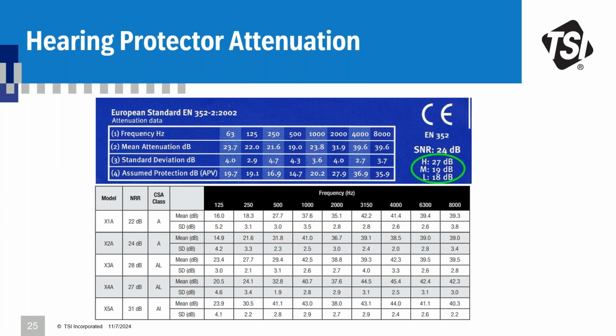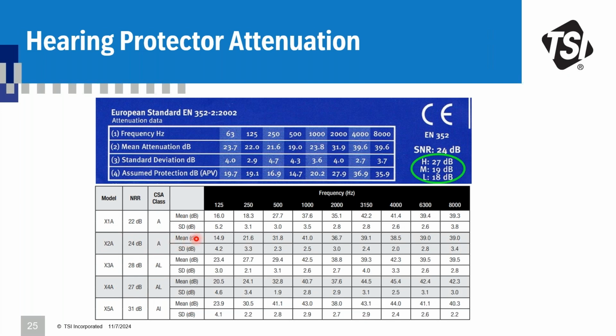Now, I picked a few spec sheets from hearing protector manufacturers to elaborate this term. The top one, the blue one, is a European manufacturer, and you can see here it's a 24 dB SNR, and an HML of 27, 19, and 18. Here on the other hand, you have a US manufacturer, which gives you an NRR for each model.